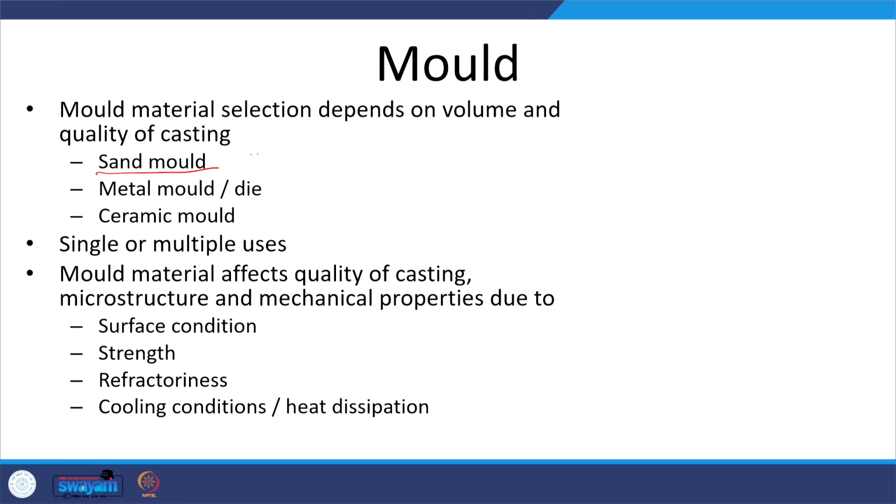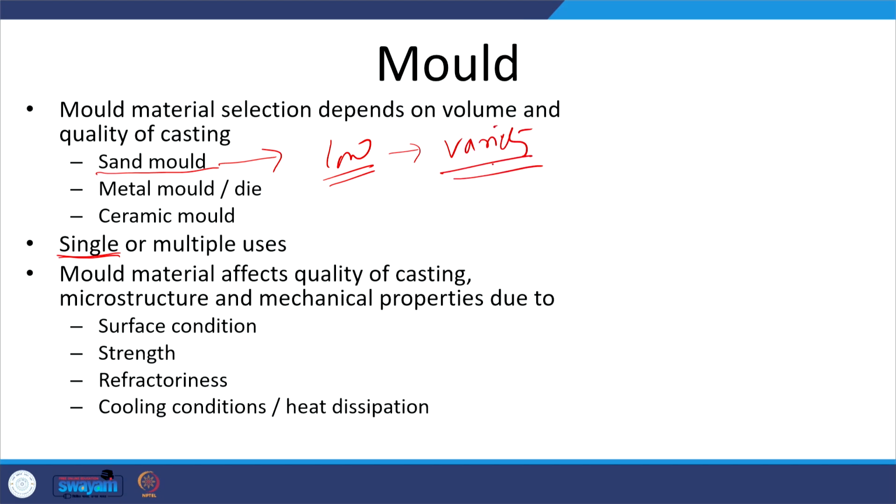So the mold can be made of sand using the molding sand, but this is good for single use. If you want a single use, it means the volume of production is less, meaning the number of units to be produced is less, maybe just one, or the design is of a variety.